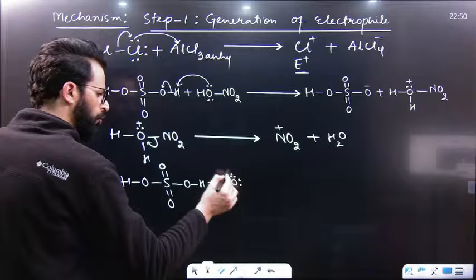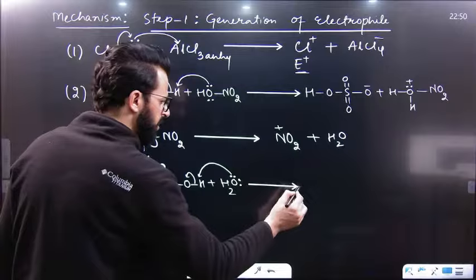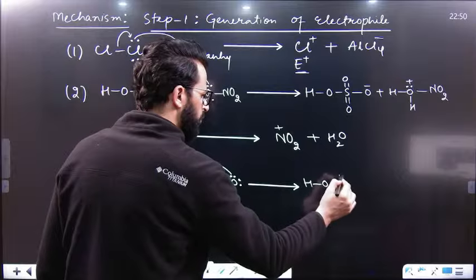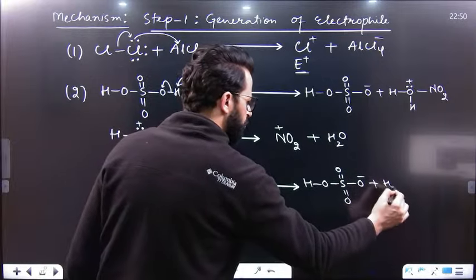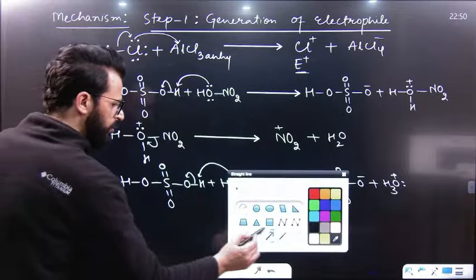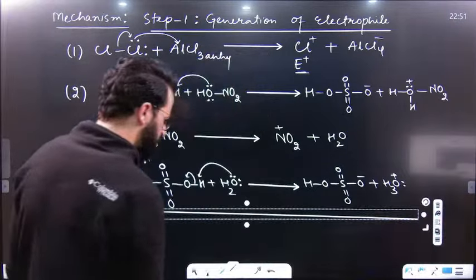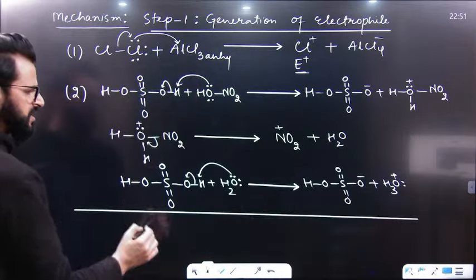So this H2O will abstract H positive and act as a base, and H2SO4 is an acid, and it will result in the formation of HOSO2O minus plus H3O positive. Have a look, my dear students. This is very important. Have a look at how the electrophile is generated in the second reaction, known as nitration. This was halogenation, chlorination. This is nitration.